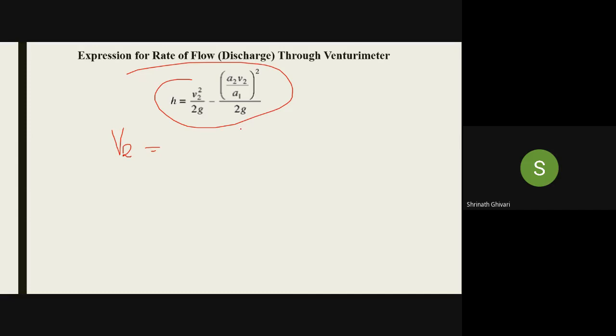Okay, I'll tell you the final expression, but you have to derive it and tell me whether you're getting the correct answer or not. This is the final expression I'm getting in terms of V2. Is everyone getting this? You can try.